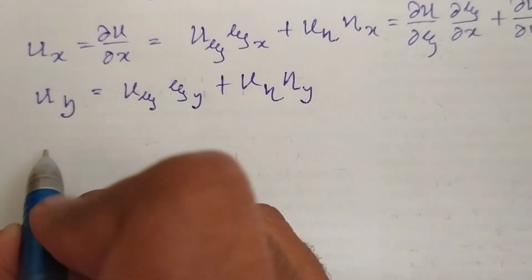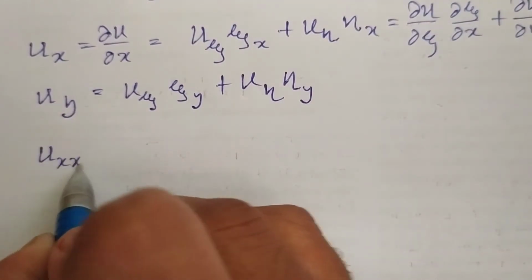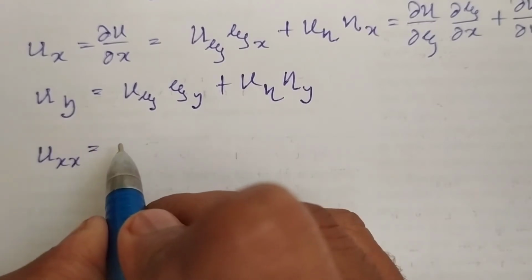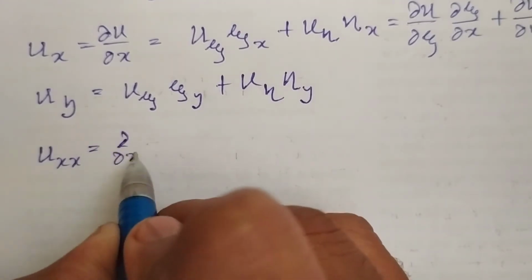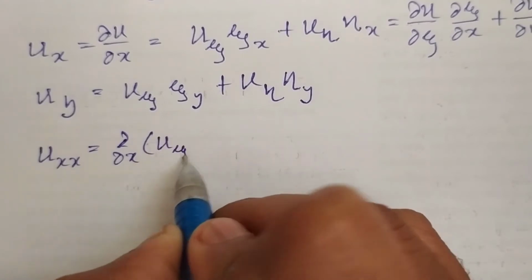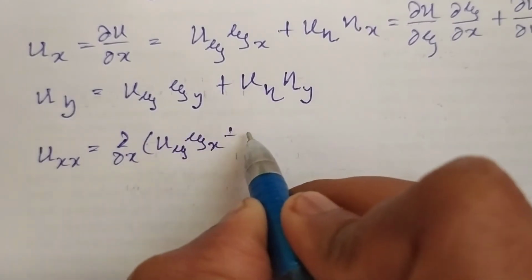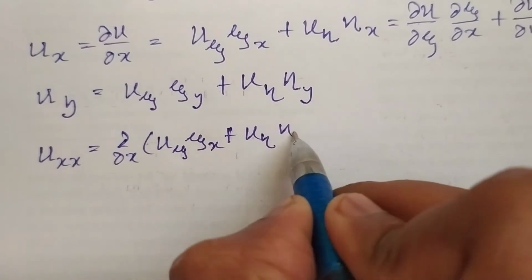Now towards the second order differentiations, u_xx. Now u_xx actually follows that this is del x of u_xi xi_x plus u_eta eta_x, right?